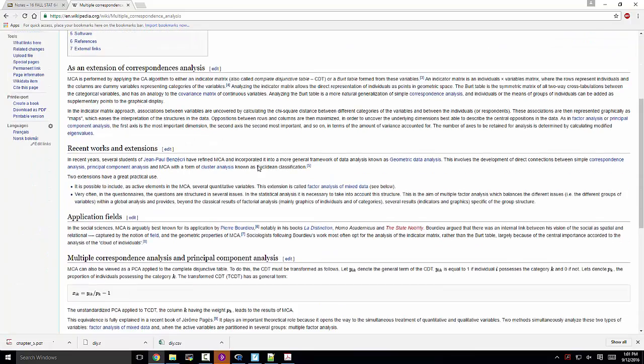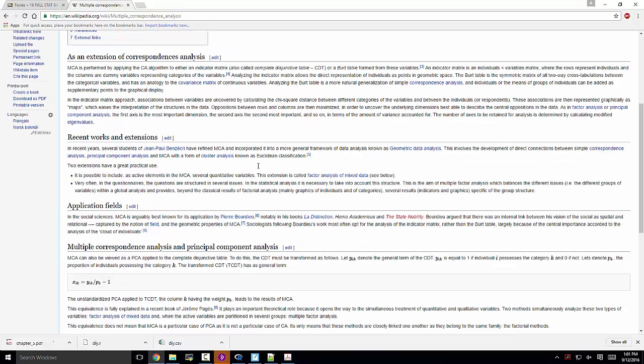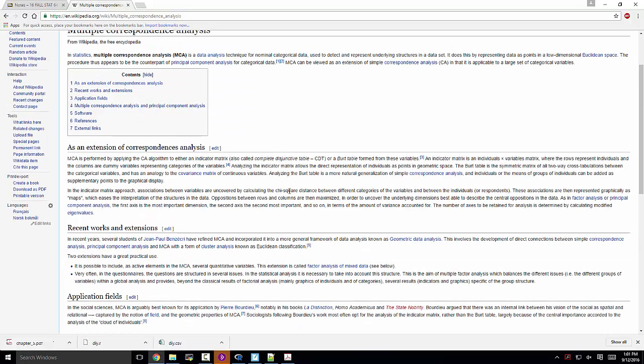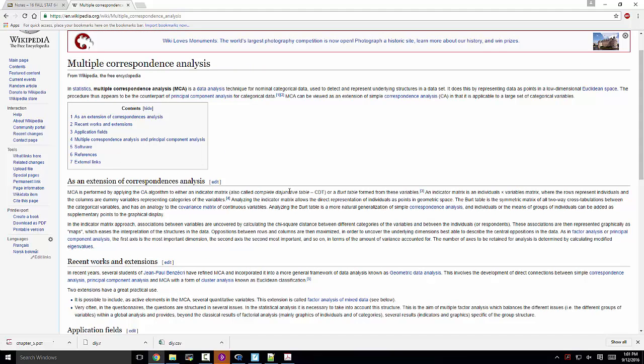The big idea is that you construct a matrix of numbers. You need numbers in order to do this stuff. So the way that we get numbers is with something called a Burt table. It's an indicator matrix. This is an individuals by variables matrix where the rows represent the individuals and the columns are dummy variables representing the categories.